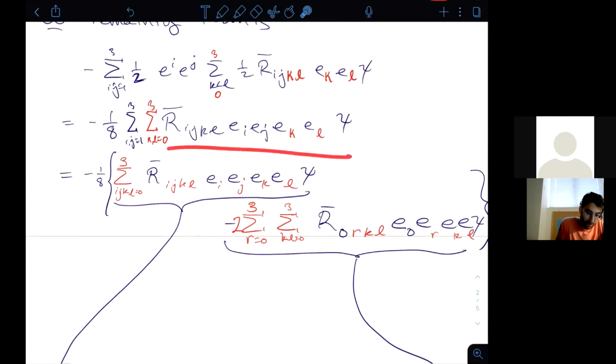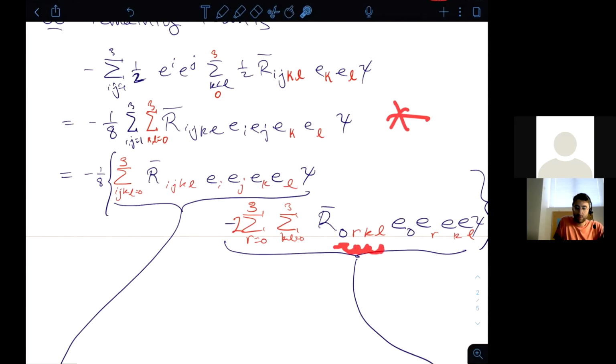So what was this missing? It was missing the terms you get when I and J were 0. So for instance, if one of them is 0, then I want all the other 3 things to range over all numbers. All of those terms were missing from before, from the line up here. So we have to add all of these.